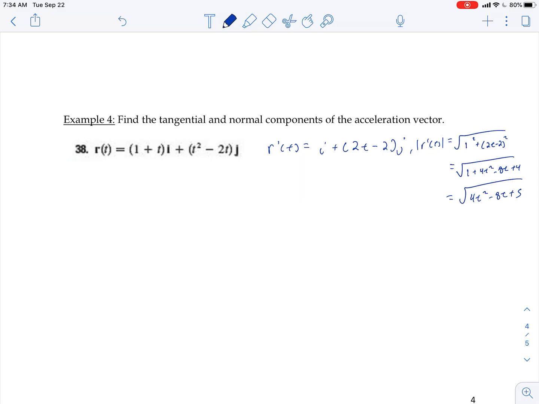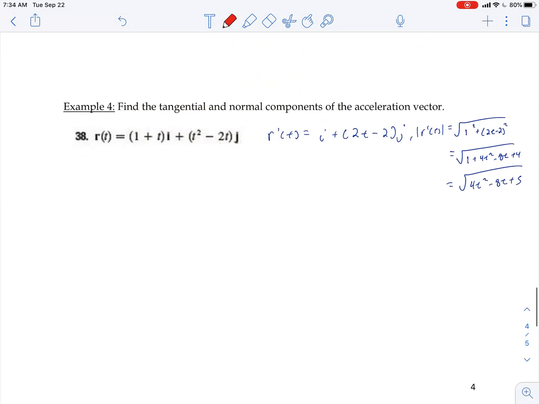Now let's find r double prime of t. The second derivative is equal to, well, i goes away. The derivative of 2t is just 2, and the derivative of 2 is 0, so 2 j. Then let's do the cross product of r prime of t and r double prime of t.